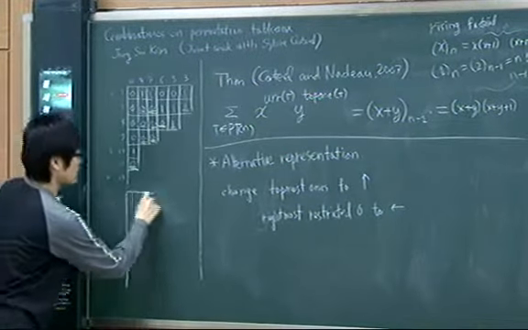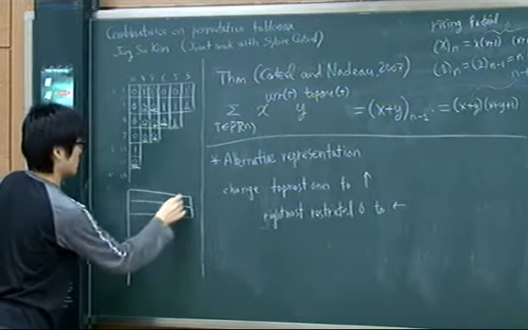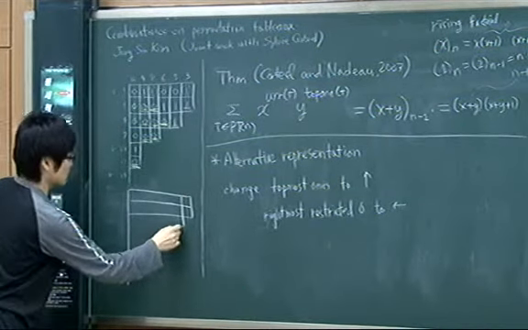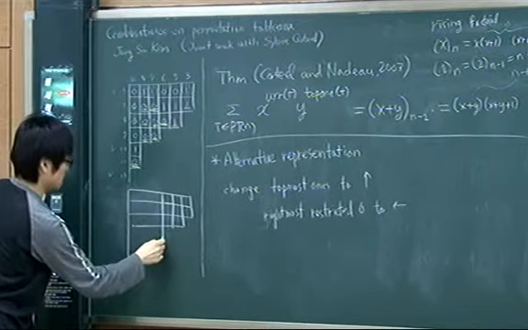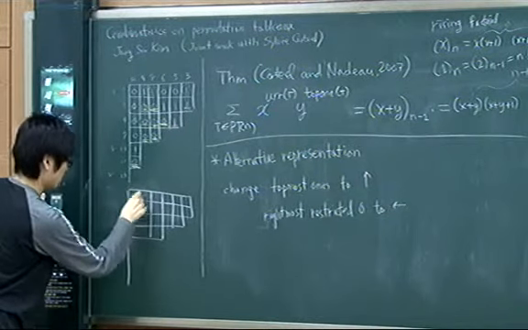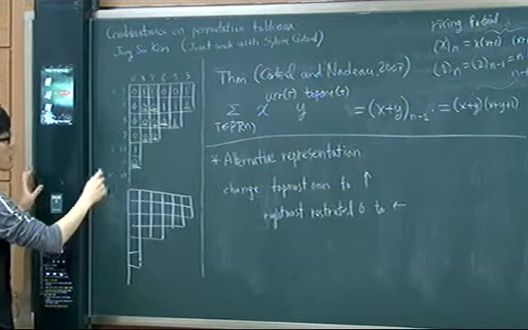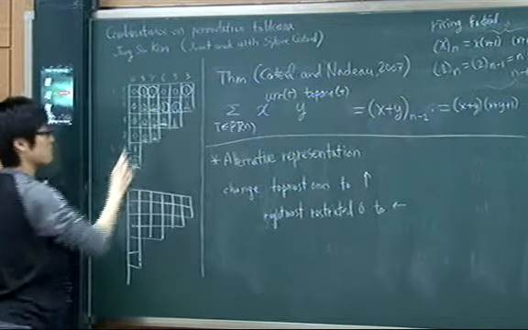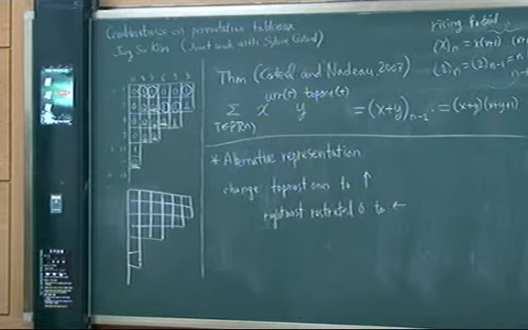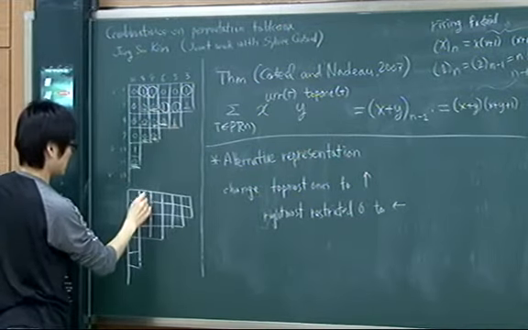All right? So let's see what happens with this example. I draw the same shape, and the topmost ones are these, the topmost one in each column. So I change these to up arrows.